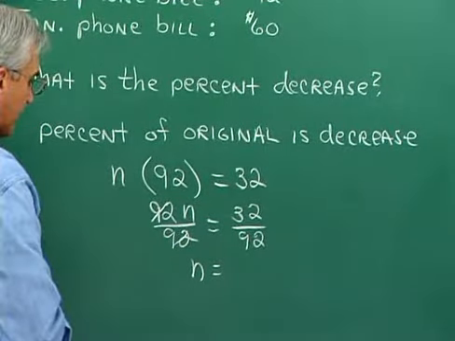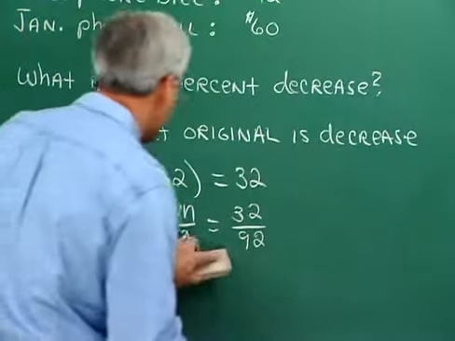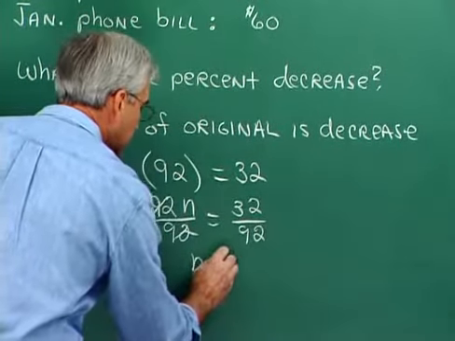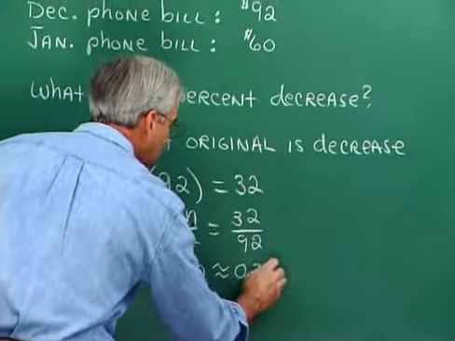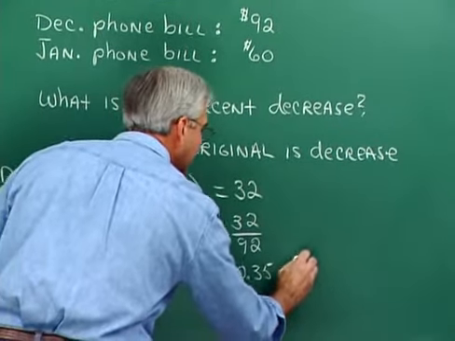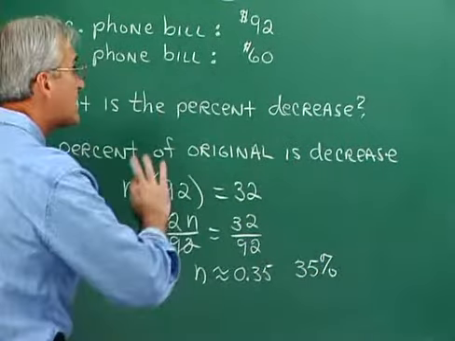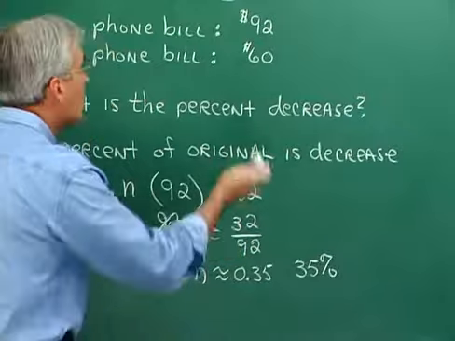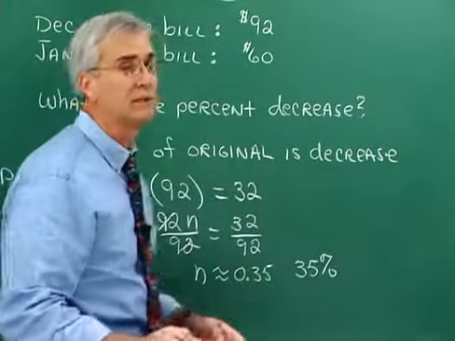Turns out to be approximately, and I'll write approximately here. I don't think this turned out to be exact, but it's approximately 0.35 and so on, and that is 35%. So the percent decrease from December to January for the phone bill is about 35%.